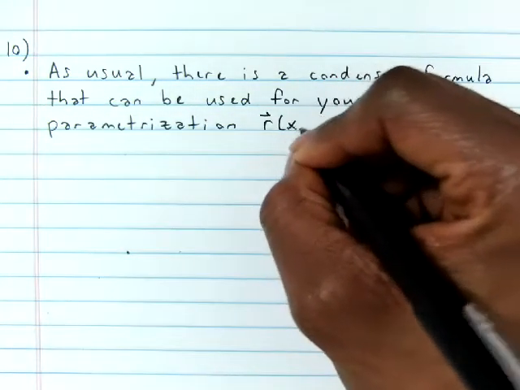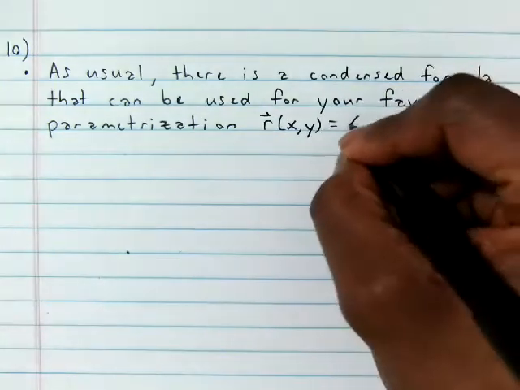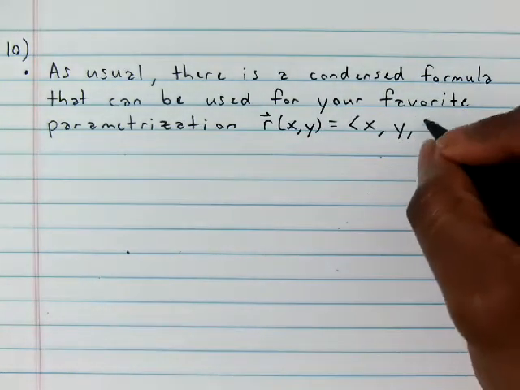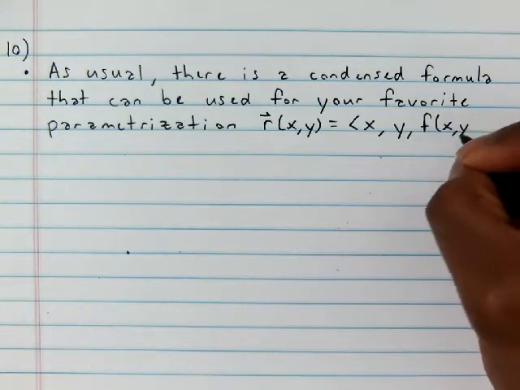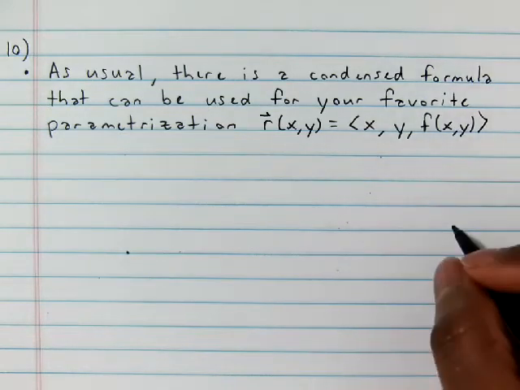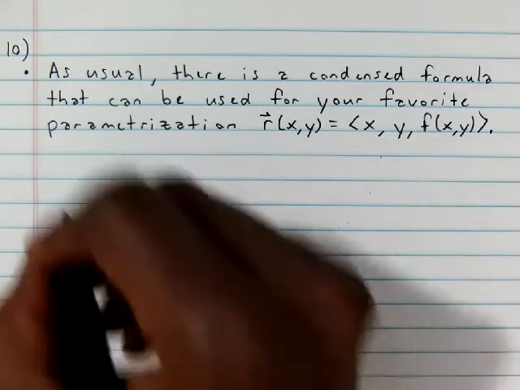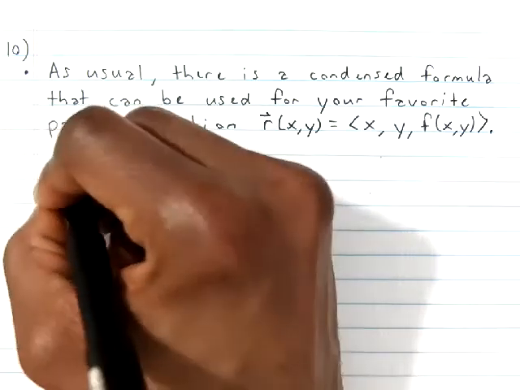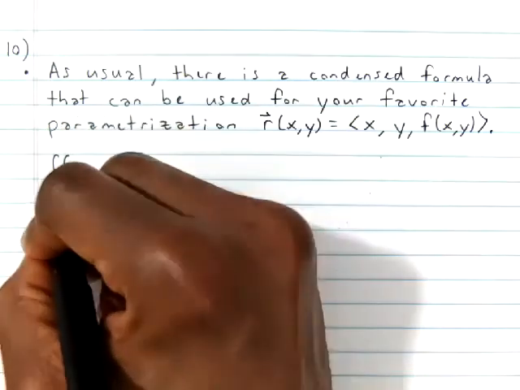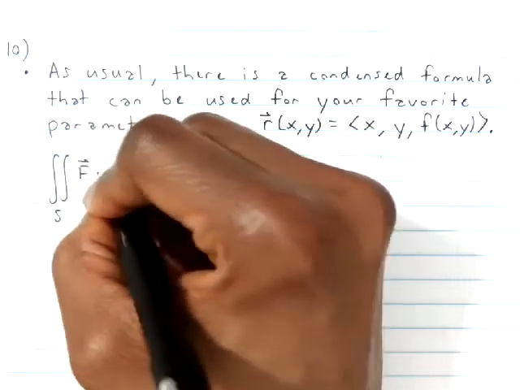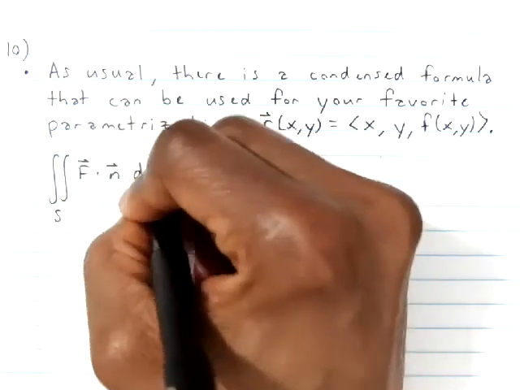R of x, y equals, where x equals x, y equals y, z equals f of x, y. So that's our favorite parameterization. And that formula in this section is the surface integral over S of F dot n dS.